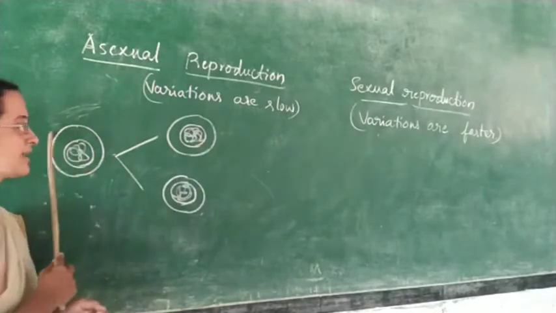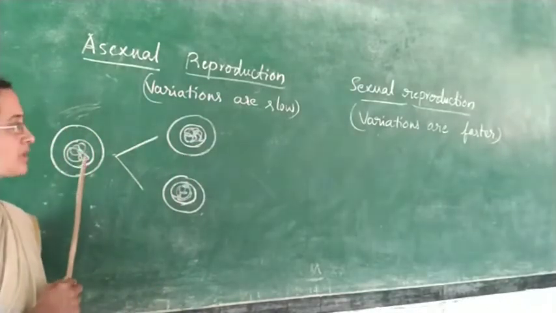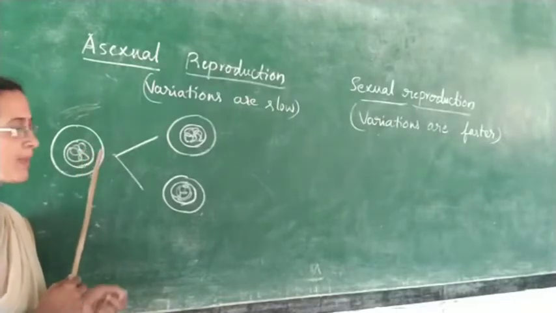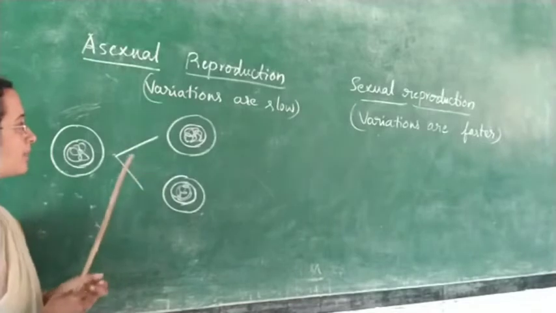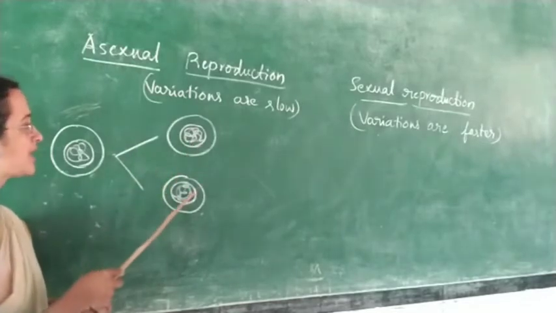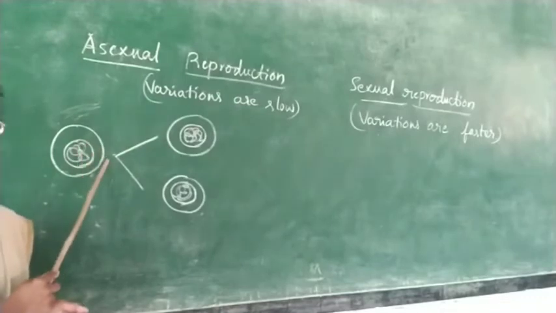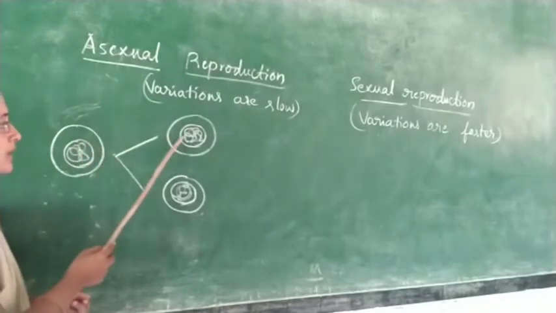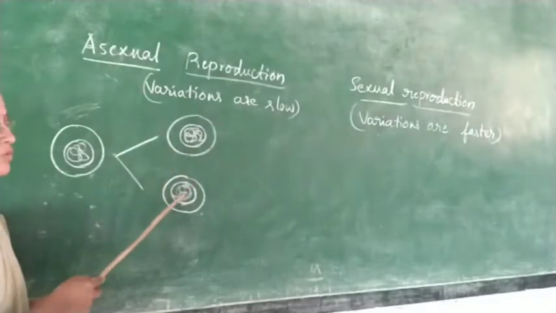Here you can see a cell which is undergoing asexual reproduction. Suppose this is a bacterium. The bacterium undergoes binary fission, forming two cells. The bacterium may contain many variations in it, but when it replicates or reproduces, it forms two cells.